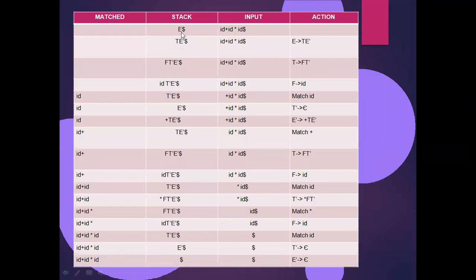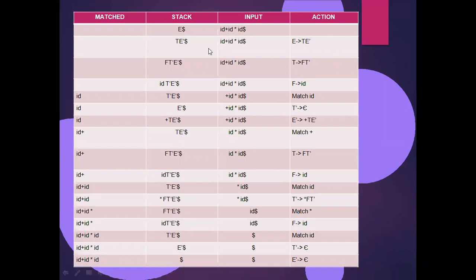Initially the stack contains the starting symbol of the given grammar with a dollar, and the input buffer contains the input string with a dollar. We need to make the stack empty and the buffer empty, and then finally the input gets accepted.